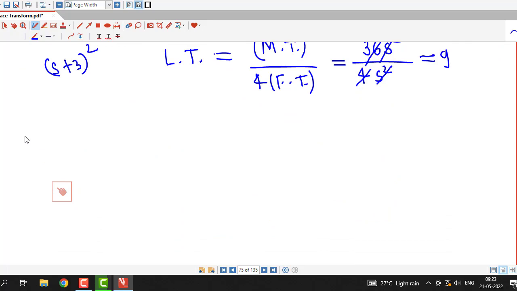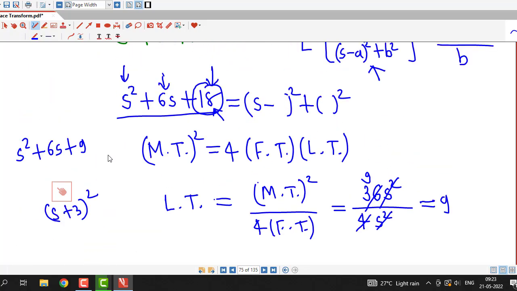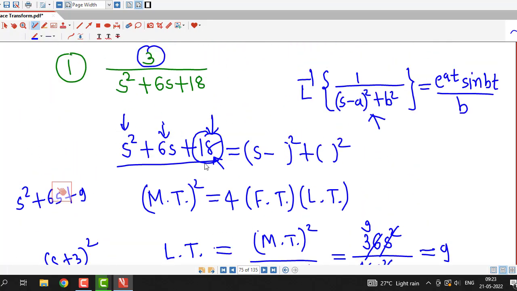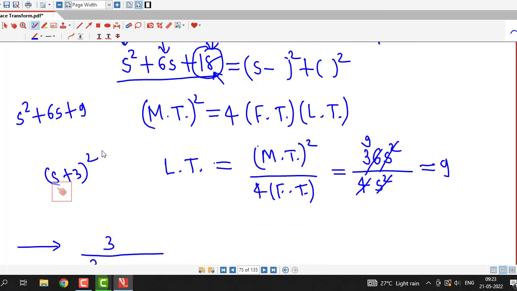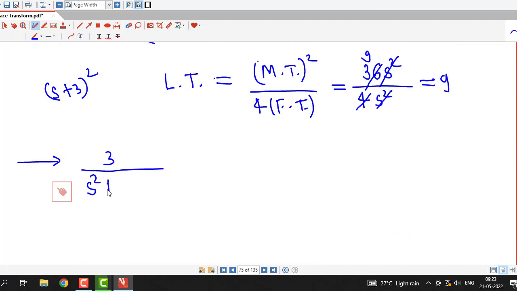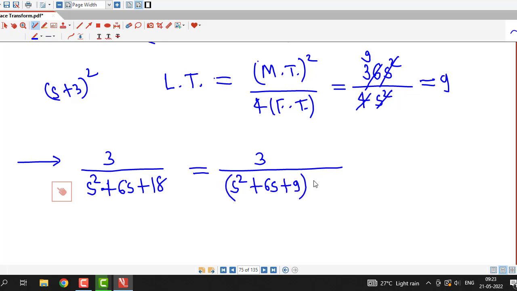So I will start from this step. This is just rough work for deciding the last term, and if you can decide without doing all these things, then it is fine. So s square plus 6s plus 18, I can rewrite as 3 divided by s square plus 6s plus 9 plus 9.